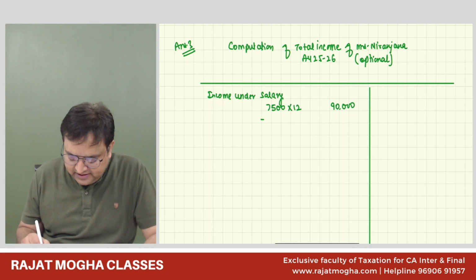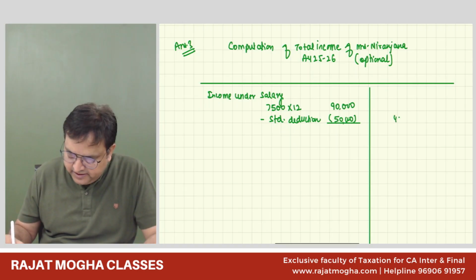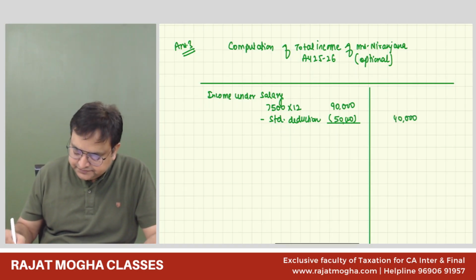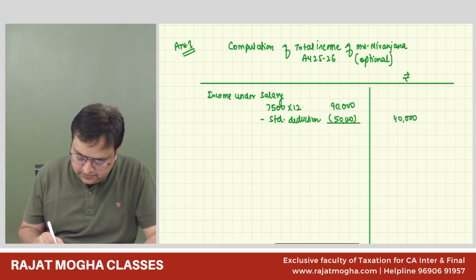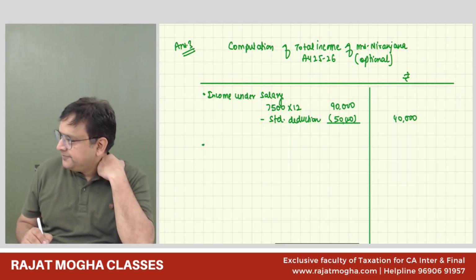And we understand that we will give the standard deduction. Since we are following the optional regime, we'll give the standard deduction of 50,000 over here. And the salary income will be 40,000. Everybody is okay with this?